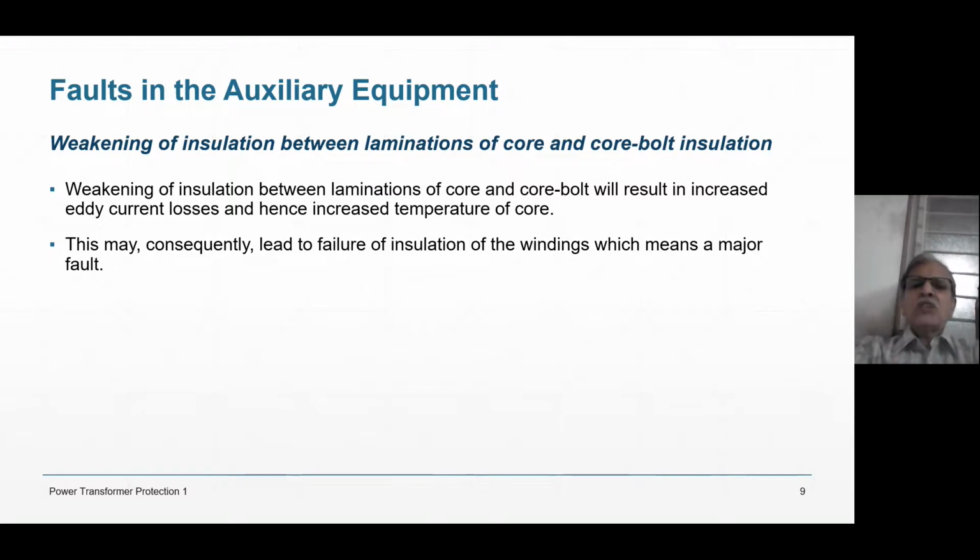Iron losses should be very low. A transformer has an efficiency of the order of 99.9 or 99.8 percent. So losses are hardly 0.1 or 0.2%.